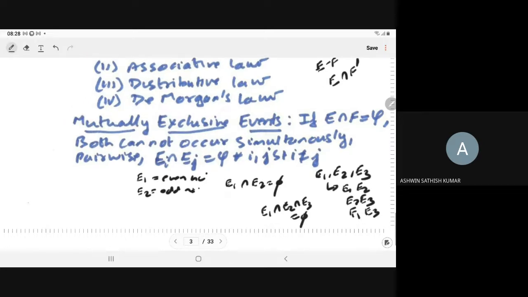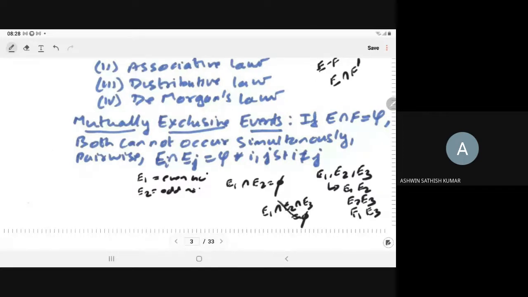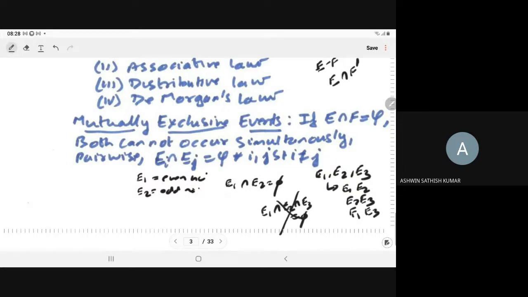When we say E1, E2, E3 are mutually exclusive, it means E1, E2 are mutually exclusive, E2, E3 are mutually exclusive, and E1, E3 are mutually exclusive. That is a very important point about mutually exclusive. It must be pairwise mutually exclusive. Here it is written Ei intersection Ej is equal to phi for all i, j such that i is not equal to j.